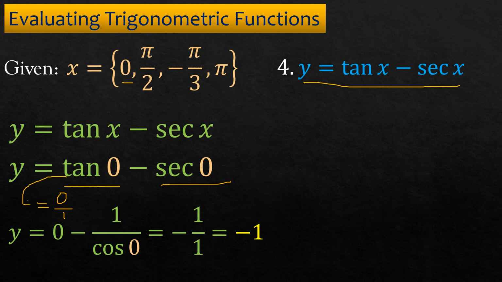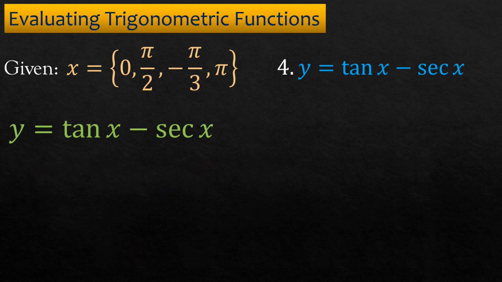So that is for tangent. Okay, so 0 minus 1 over cosine 0. Recall that the reciprocal of secant is cosine. Okay, so we have 1 over cosine 0. Cosine 0 is 1, so you can just replace it here. Negative 1 over 1 is negative 1. So that is the value when x is equal to 0.